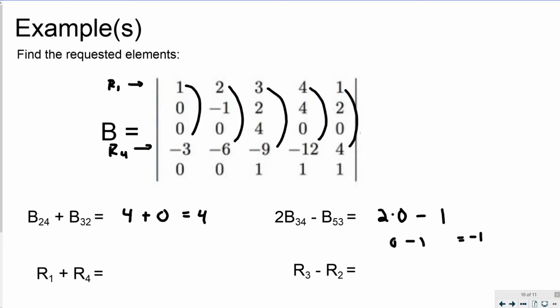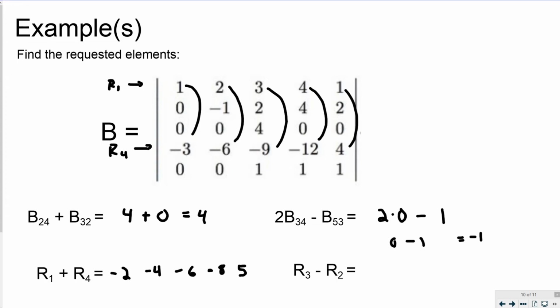So 1 plus -3 is -2. 2 plus -6 would be -4. 3 plus -9 would be -6. 4 plus -12 would be -8, and 1 plus 4 is 5. So the new row that I would have here is -2, -4, -6, -8, and 5.